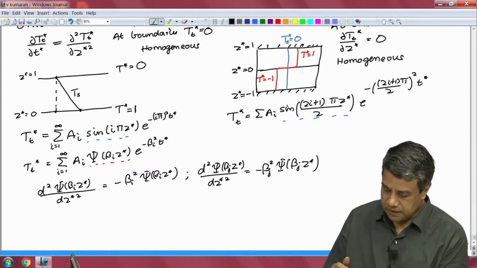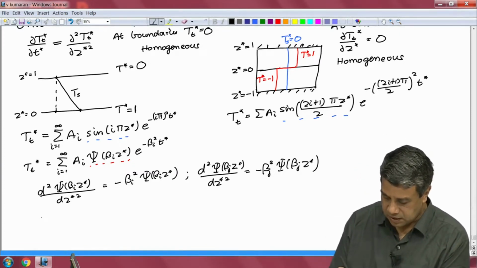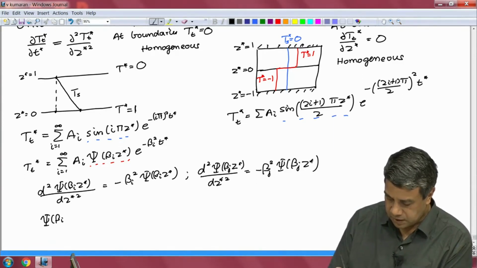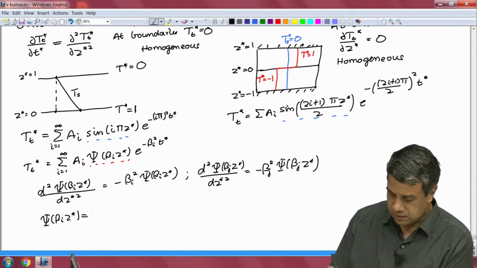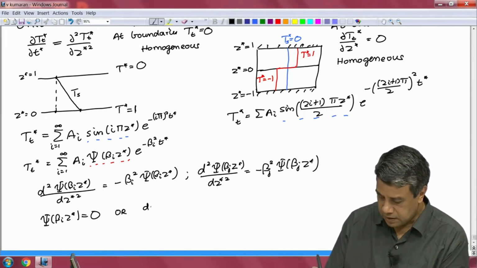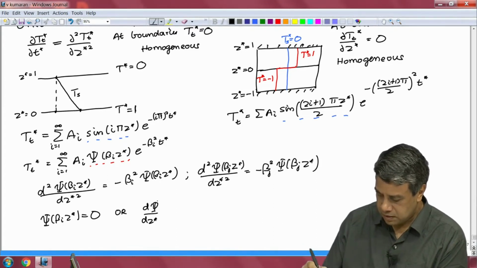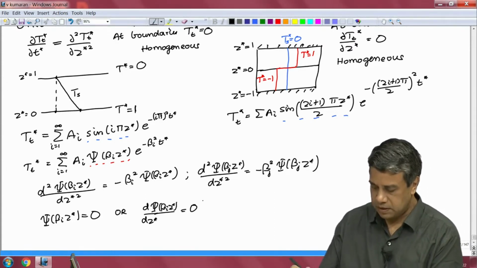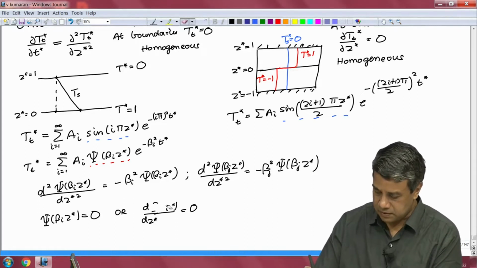Now, if I apply boundary conditions, I can have psi of beta i z is equal to 0, or d psi by dz is equal to 0. Either the function can be 0 or its derivative can be 0.